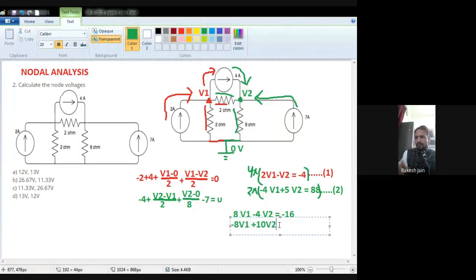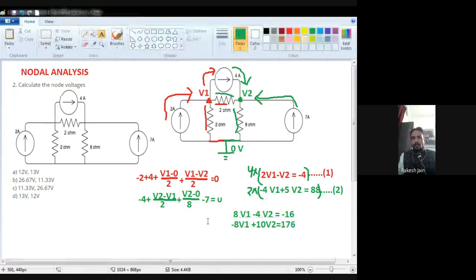Okay, now see. Now multiply these two equations. So 4 multiplied by the first equation, that is 8 V1, then minus 4 multiplied by V2, so minus 4 V2.